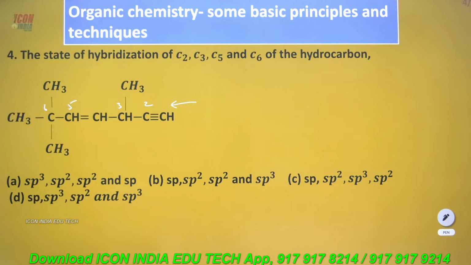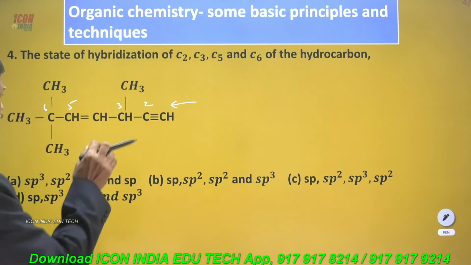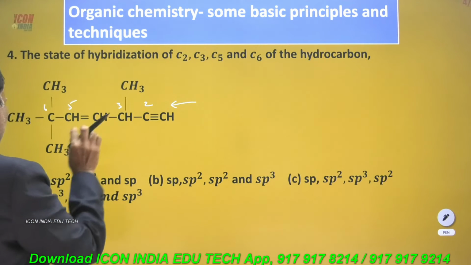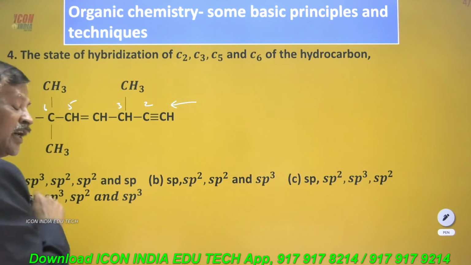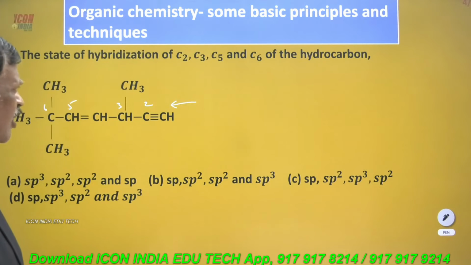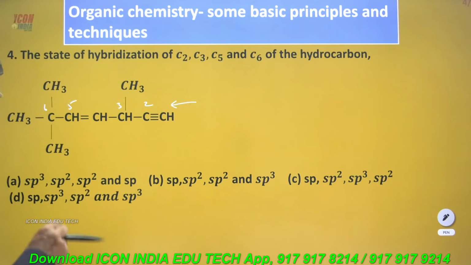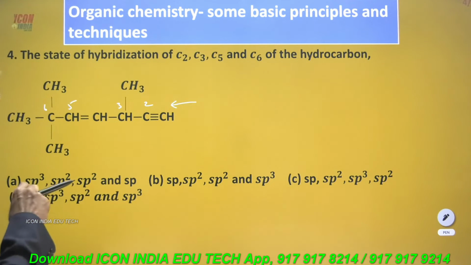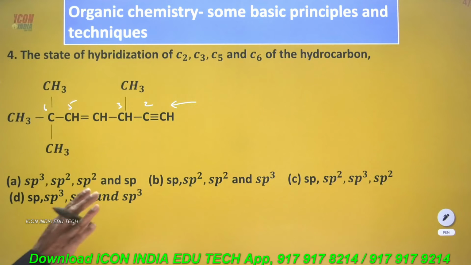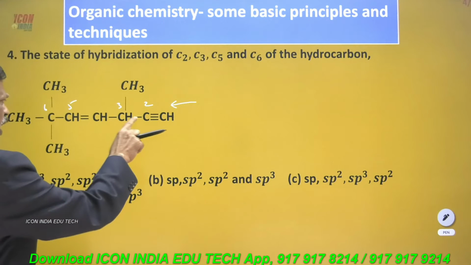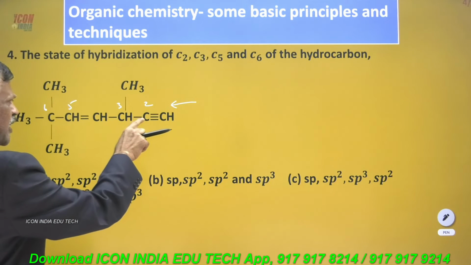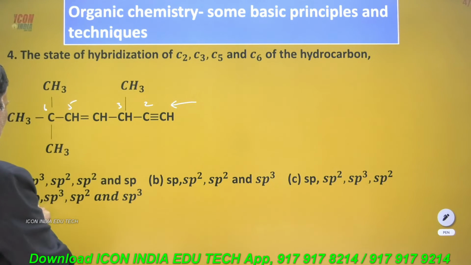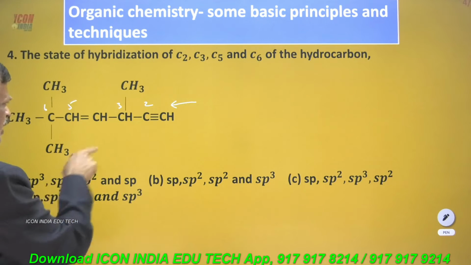So just by verifying the hybrid states of these two carbons only, we could identify the correct answer. You also do like that. It is not necessary to work out each and everything. Okay, by seeing the hybrid states of these two carbons only, I could identify the answer.